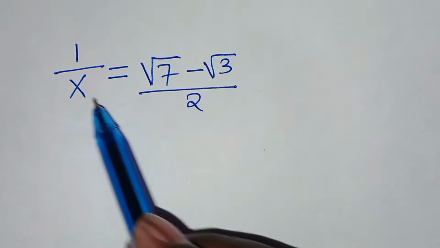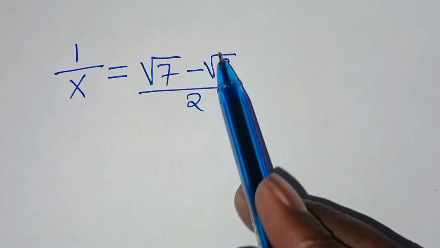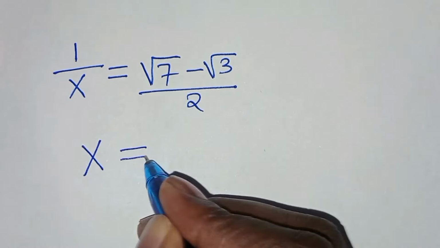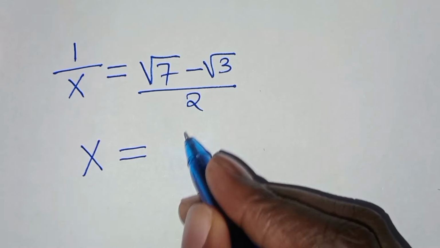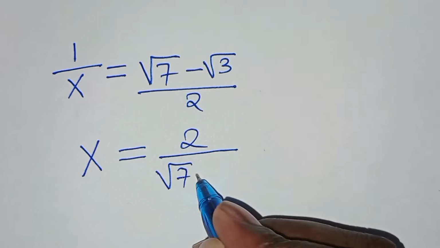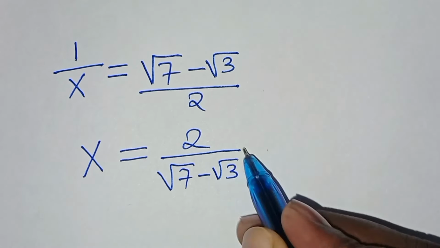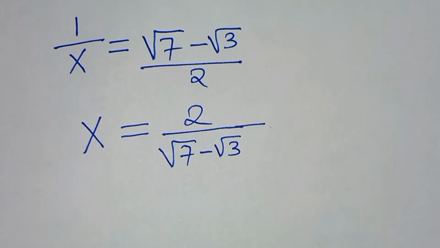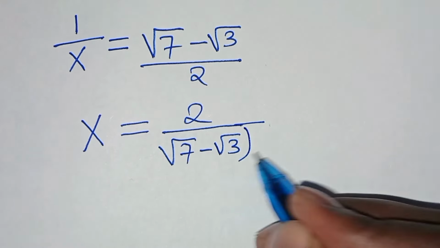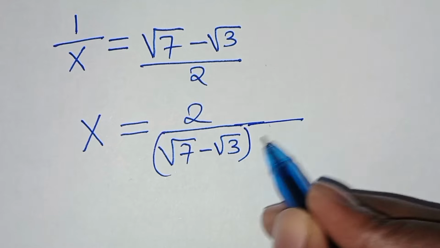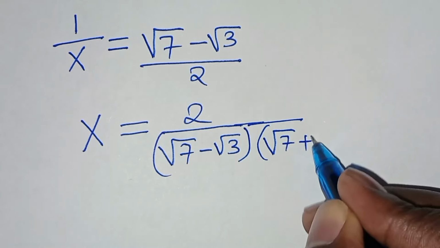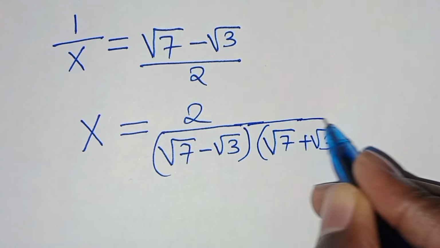We have 1 over x is equal to square root of 7 minus square root of 3 divided by 2. So this implies that x is the reciprocal of this, which is 2 over square root of 7 minus square root of 3. So the next step is let's rationalize the denominator here by introducing a conjugate, which is square root of 7 plus square root of 3.